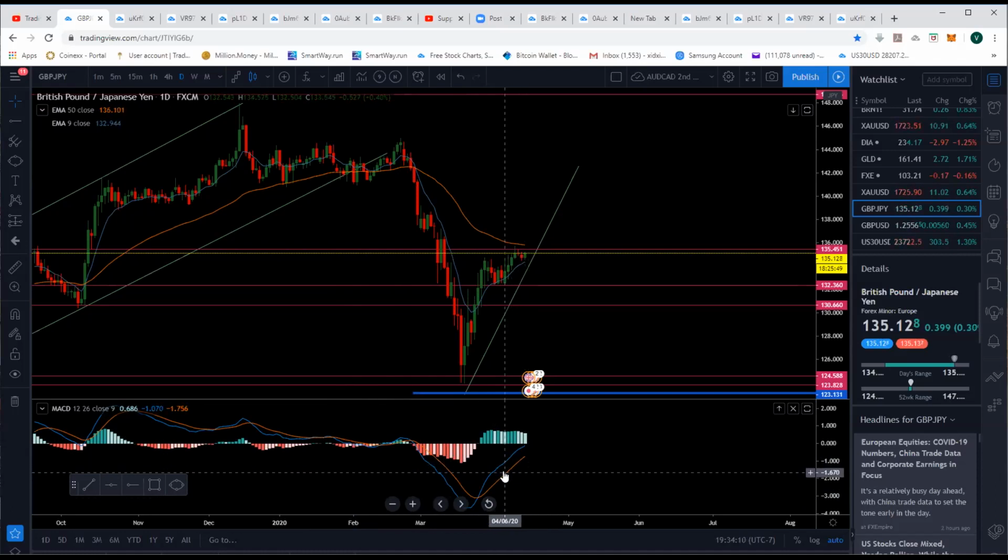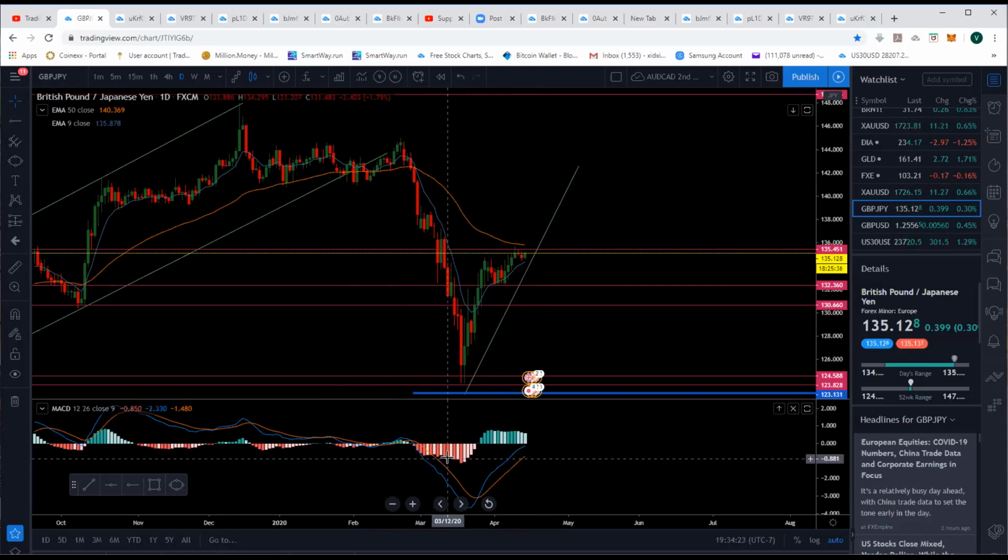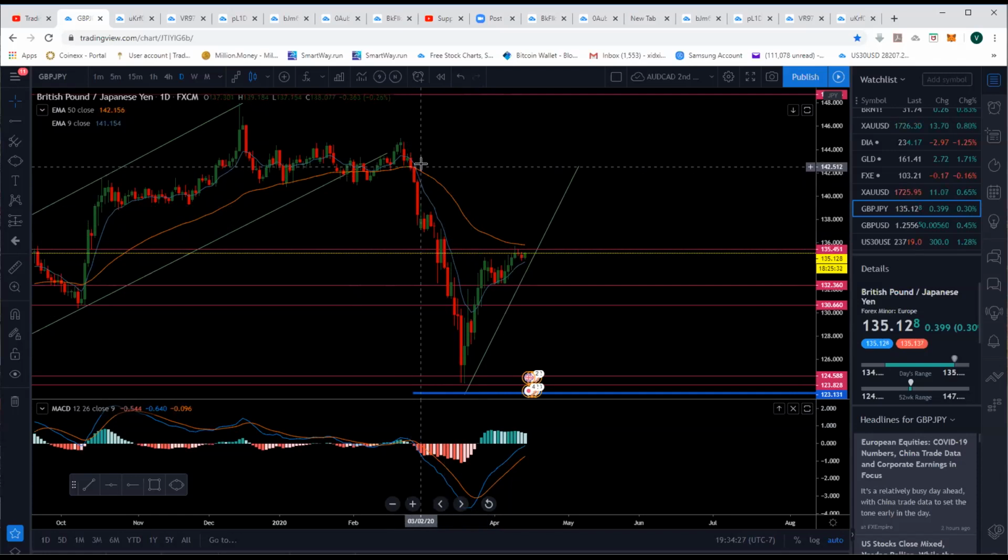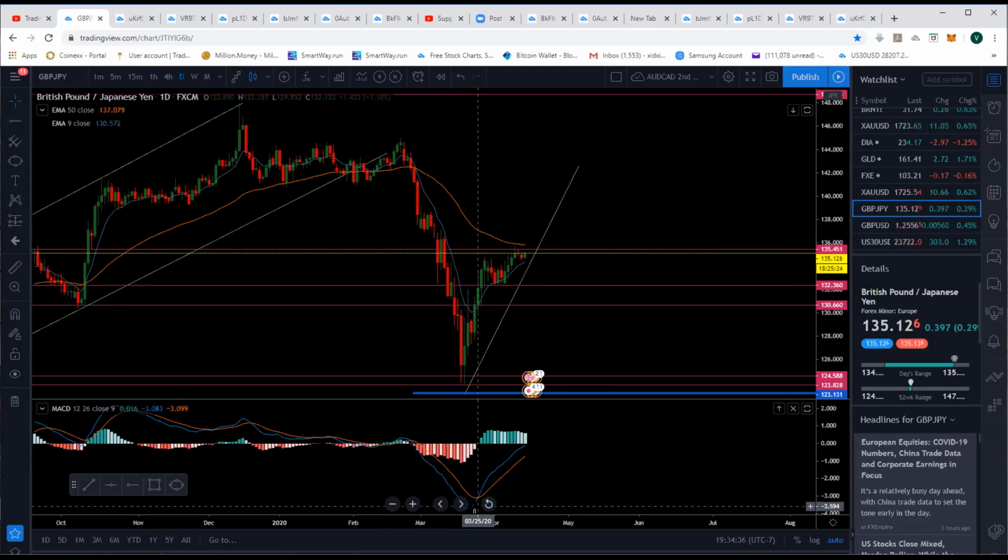Look left. Catherine, that's what you want to see, on the MACD on the right side. Okay. I get that now.